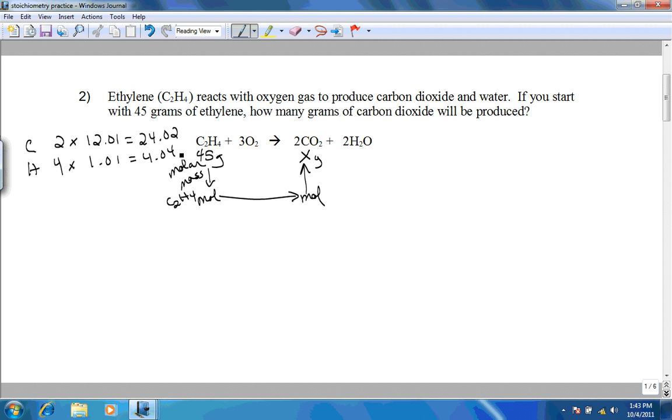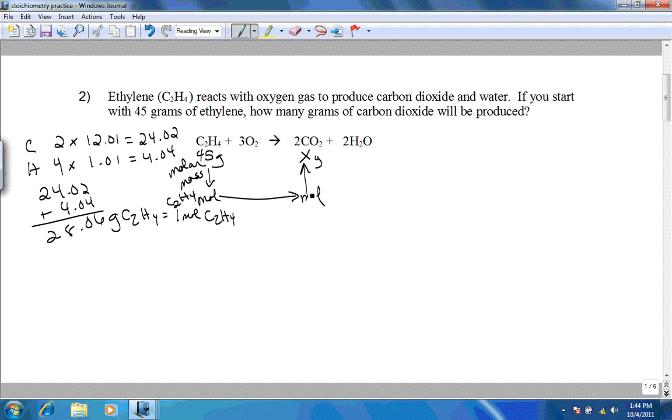To find the total molar mass, we're going to add these 2 numbers together. That's going to be your conversion factor to go from grams to moles of C2H4.